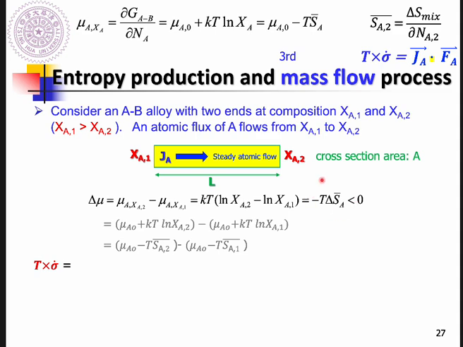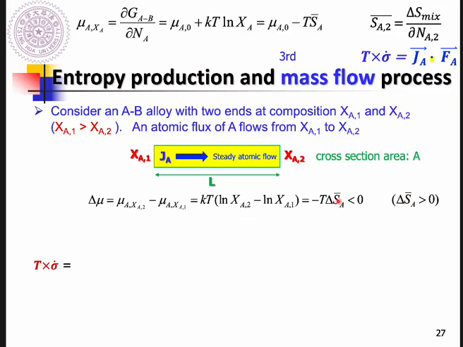Regarding the second term, the partial atomic entropy, I copy this one: mu A0 minus T SA2 bar, and also minus mu A at XA1, which can be rewritten as mu A0 minus T SA1 bar. The mu A0 terms cancel, so I get minus T times this minus this, which gives delta SA.